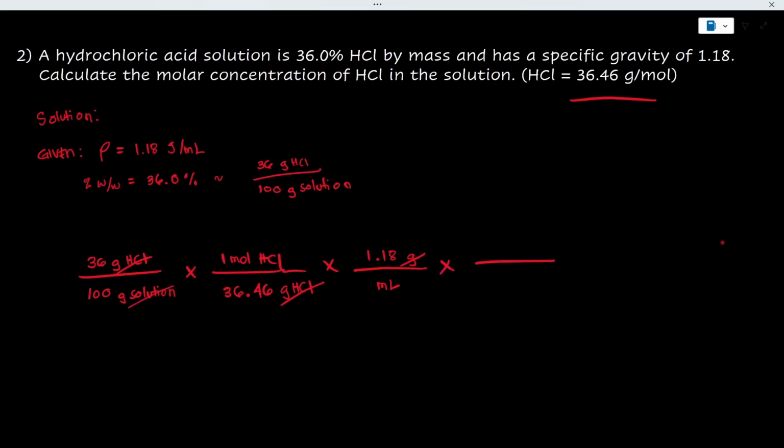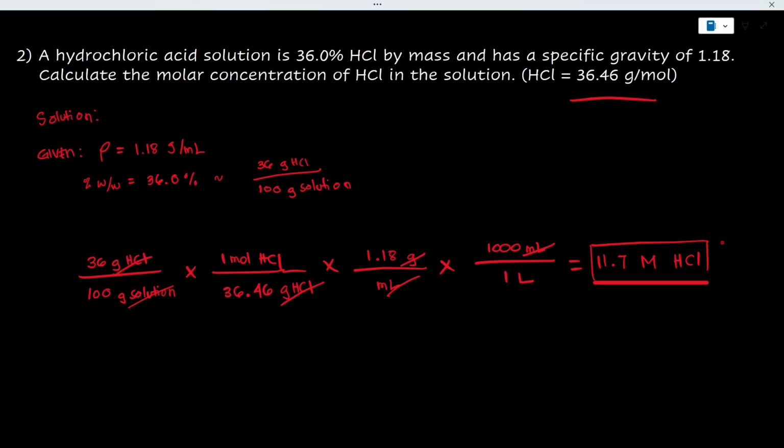And let's convert ml to liters. 1000 ml is 1 liter. Cancel that. And we can solve this now, giving us a unit mole HCl per liter. Okay, and this is 11.7 molar HCl. So that is the molar concentration of the 36% HCl weight per weight.